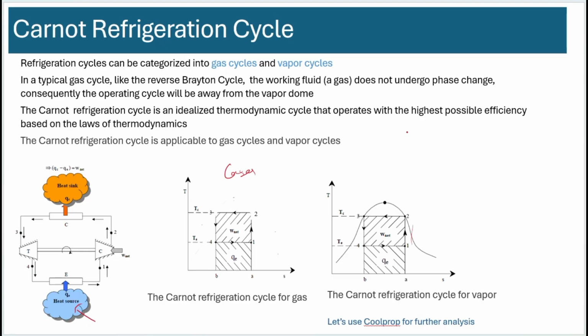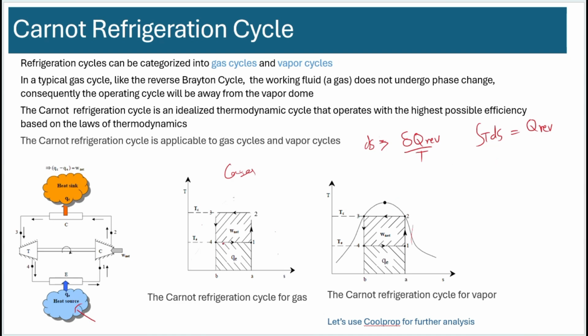You know that dS is delta Q reversible over T, the classical definition of entropy. So if you integrate TdS, it is nothing but Q reversible. But in reality, if this is not a reversible process, the dS would typically be greater than this value.